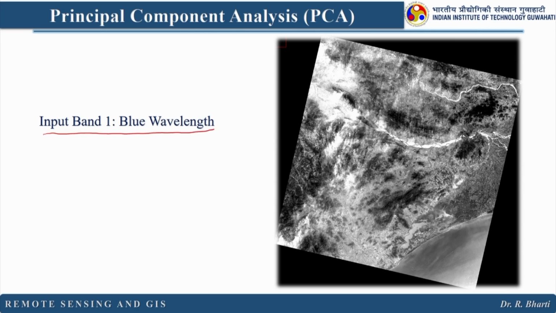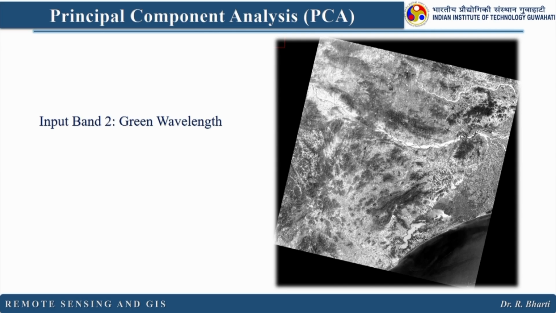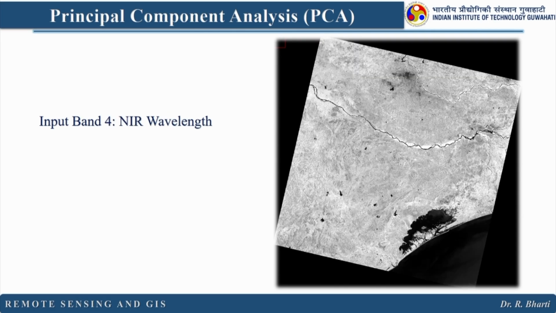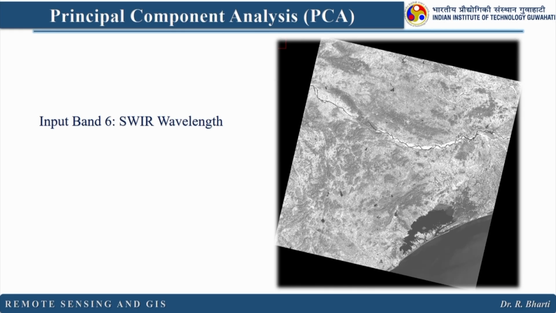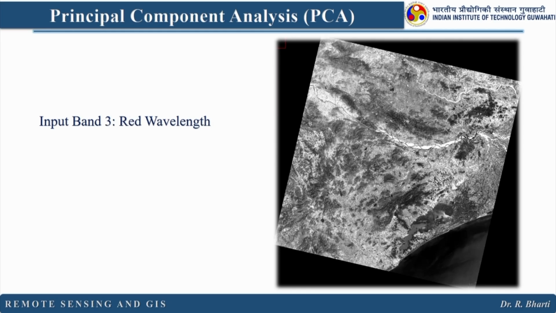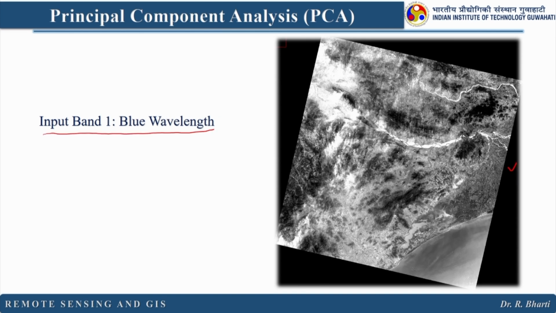Just see how the information changes when you have different bands captured in different wavelengths. This is the blue band, then the green band, the red band, the NIR band, the SWIR band, and another band in SWIR. You might have noticed a small change in the image whenever we change the wavelength.